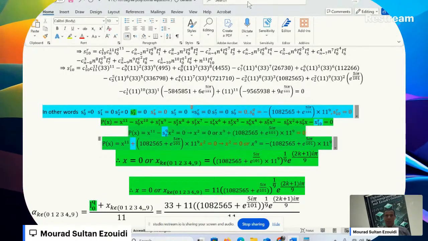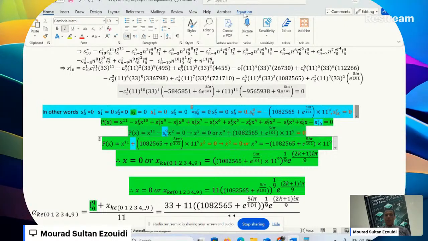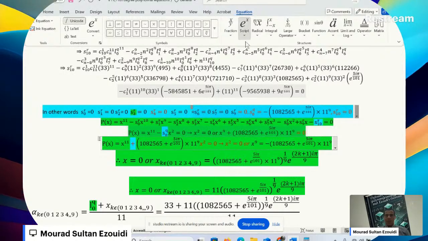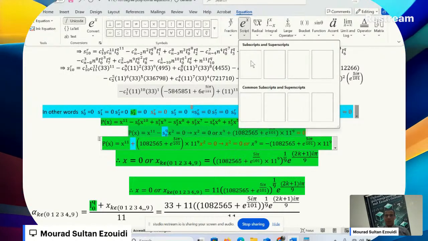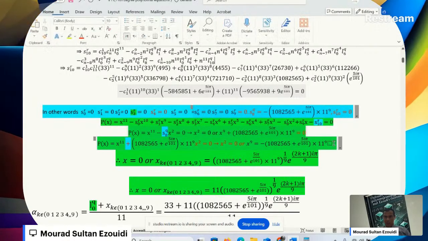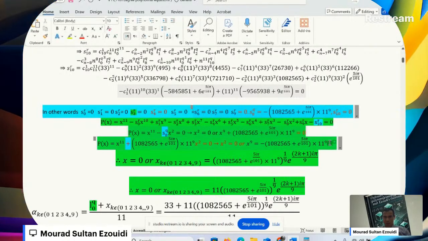I will multiply this by exponential 2k I pi, which is equal always 1.